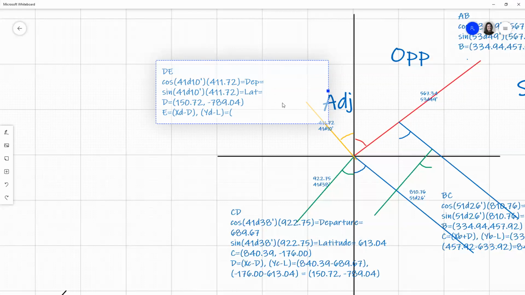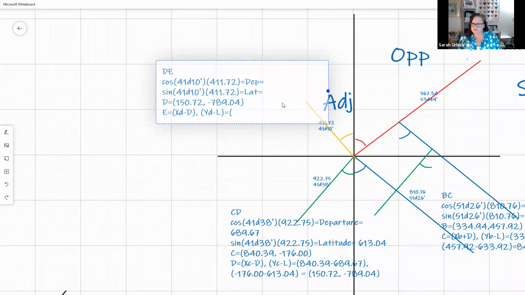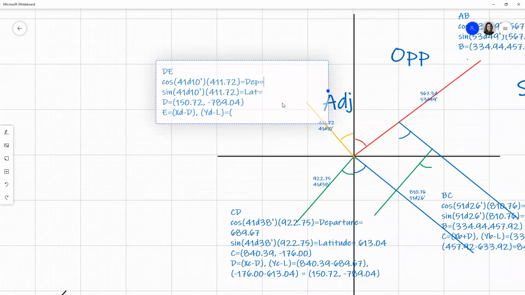That's just the departure. I'm doing the other part now. I just looked at where your cursor was flashing. Yes. All right, but you've got two numbers there. That's the departure and latitude. Oh, and latitude. Okay.